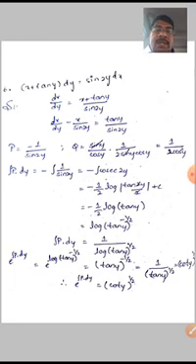Integration of p dy is equal to minus integration of 1 by sin 2y, which is minus integration of cosecant 2y, equal to minus 1 by 2 log tan y.